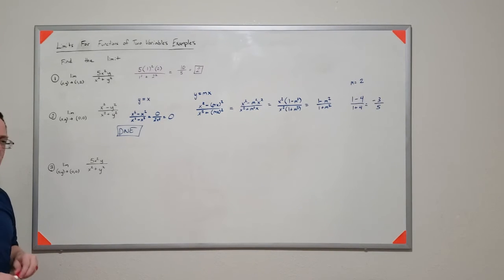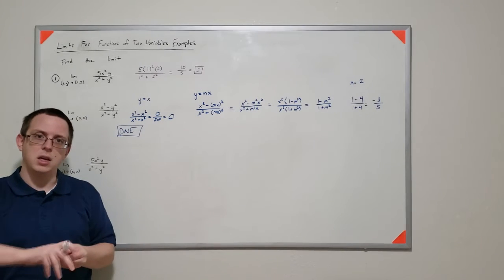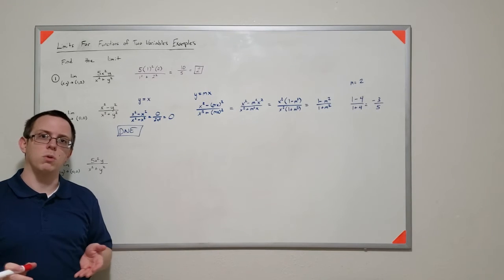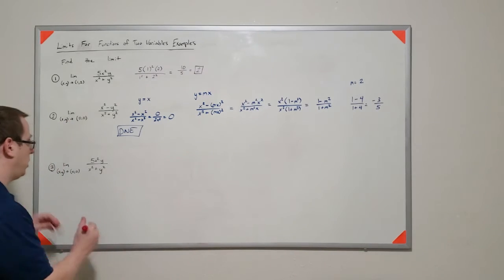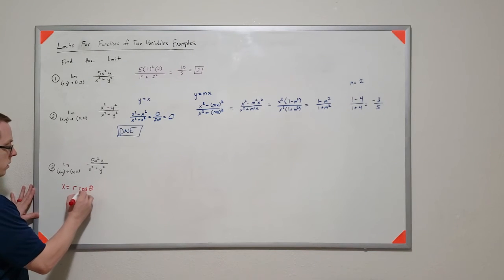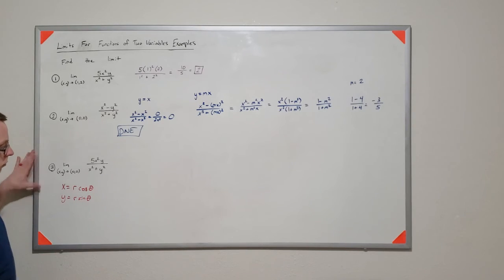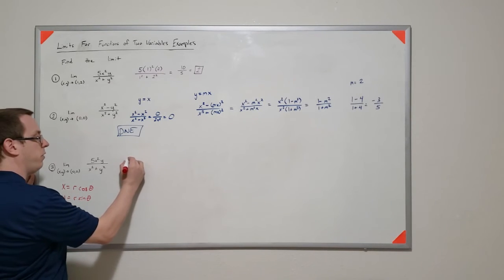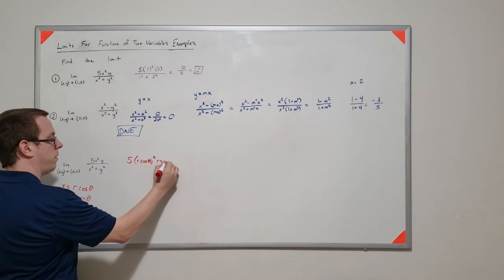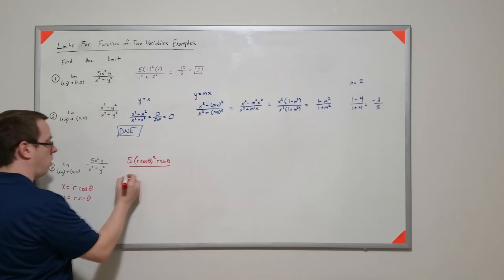So what I'm actually going to do is use a coordinate transform. I know that in general x is r cosine theta and y is r sine theta. So why do that? Well, let's sub that in. We end up with 5 r cosine theta squared, r sine theta, all over x squared plus y squared.